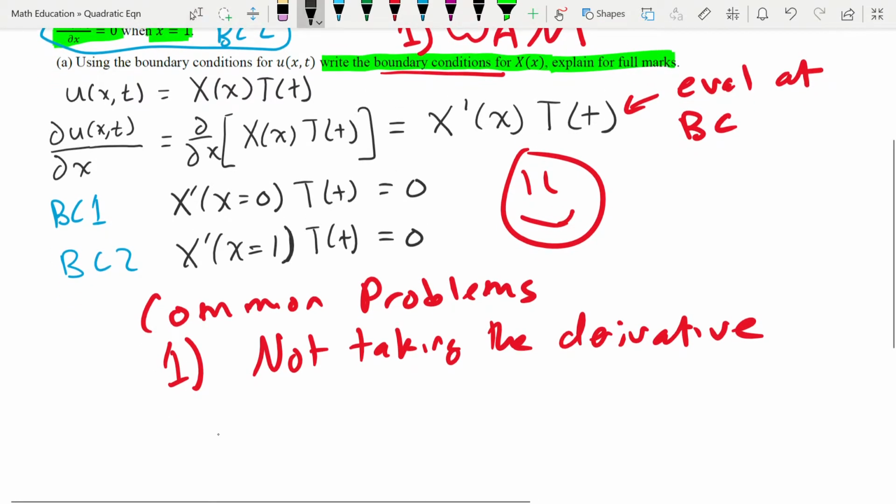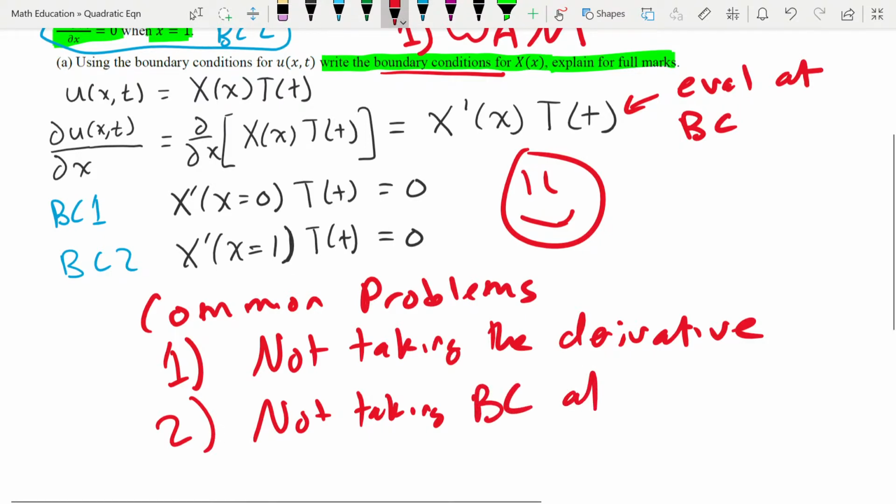The second problem that was quite common was not taking the boundary conditions at the right location.